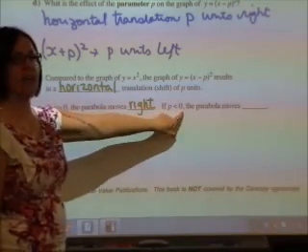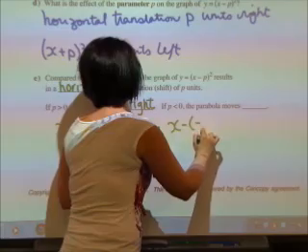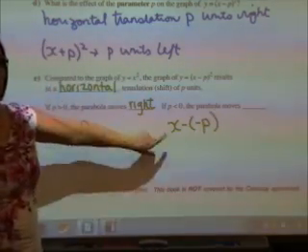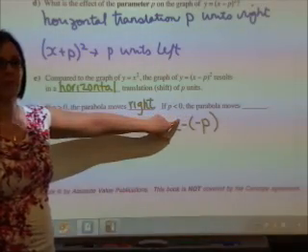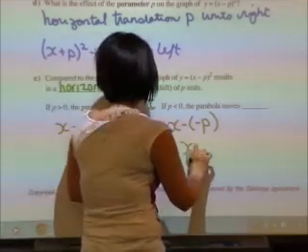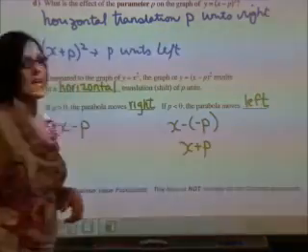When p is less than 0, that would make p negative. If I have x minus a negative p, what does that become? X plus p. The graph moves to the left.